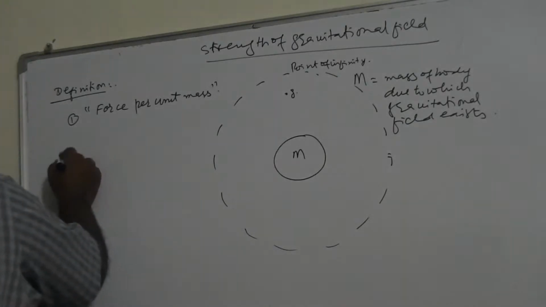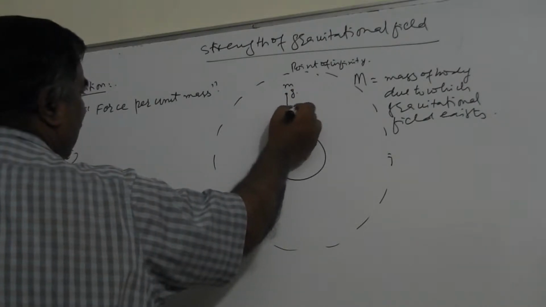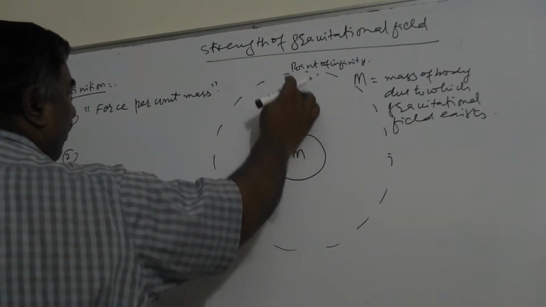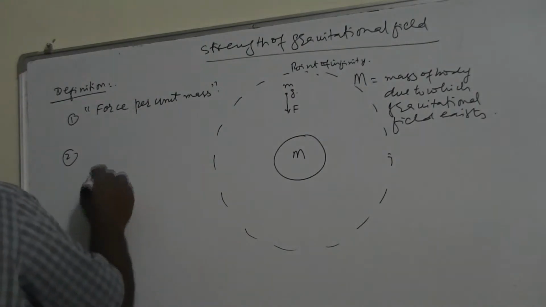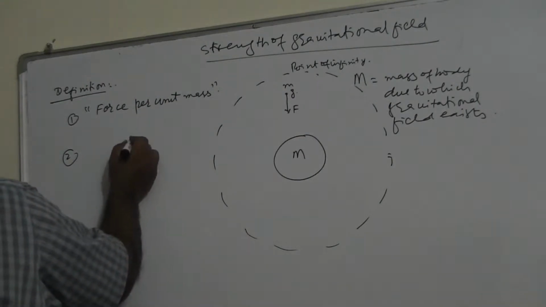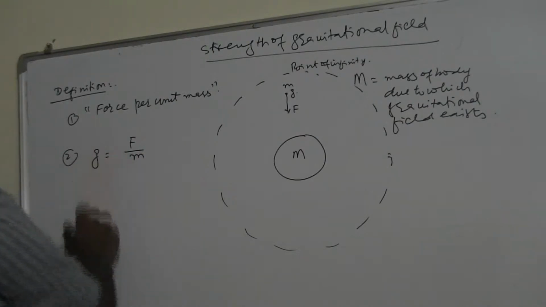The other definition: I can place a mass m here, and the force exerted on it is F. So on 1 kg, the force must be F upon m, and that is the strength of gravitational field g.